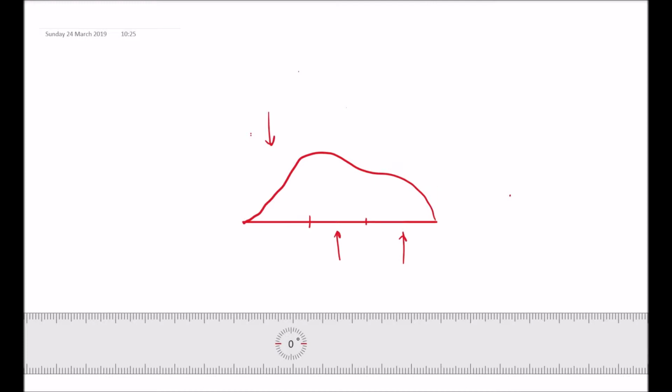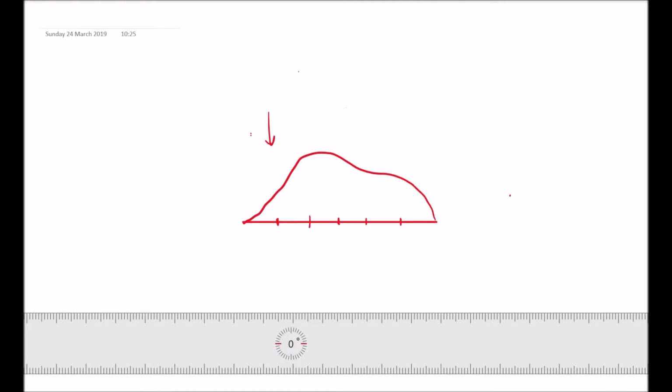Well, if I did my rectangles smaller, so if I did more rectangles but they were smaller, and if I got the area of each of those rectangles, I'd get even closer to the real area of the mountain.